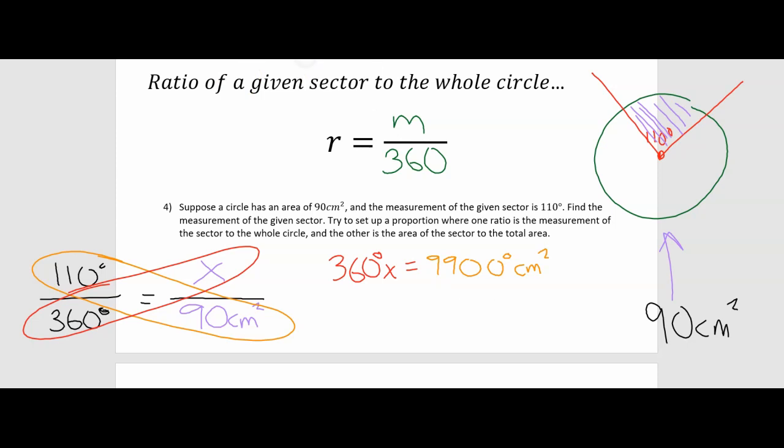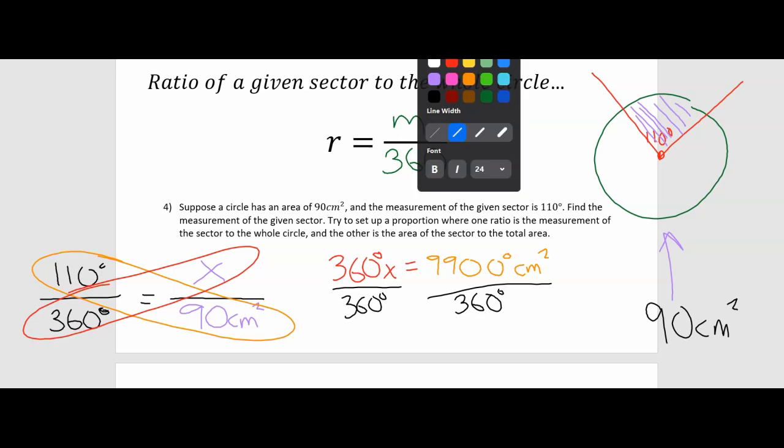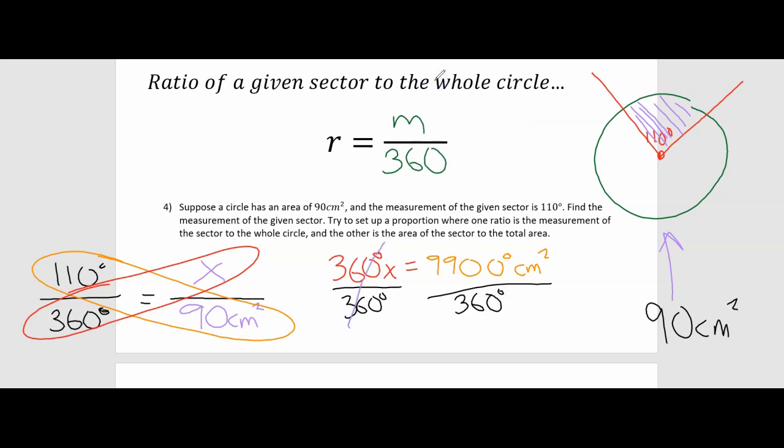And when I divide both sides by 360 degrees, the degree units end up simplifying, right? The degrees on the right-hand side simplify, and we're left with centimeters squared because there's nothing to simplify out the centimeters squared in the numerator. And then we just divide the two numbers.